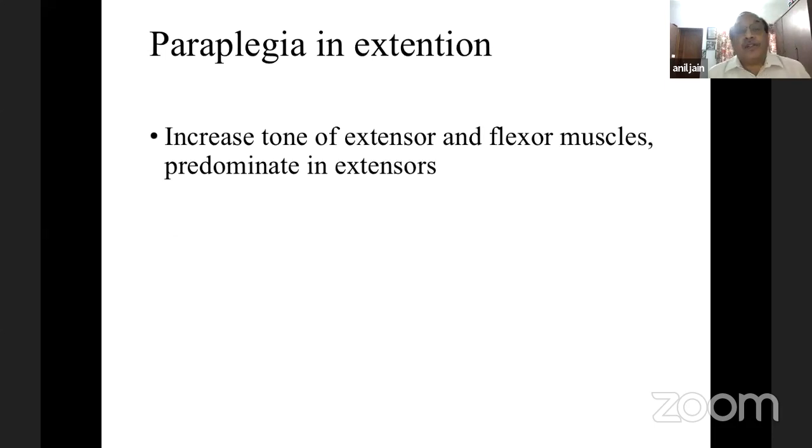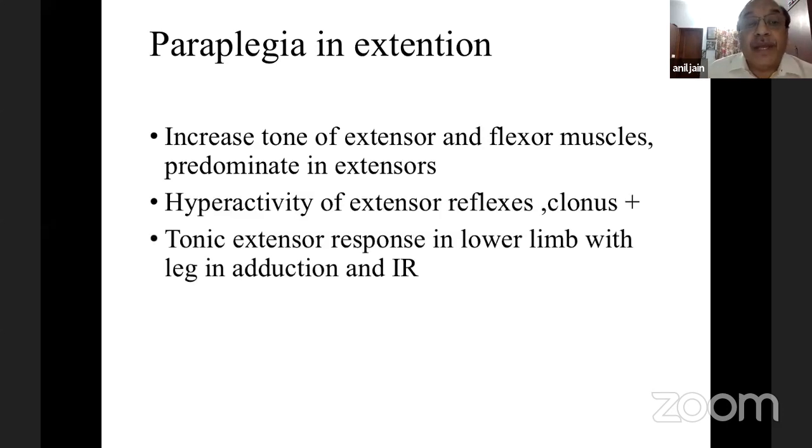Now, again, these three terms are frequently asked in the examination: paraplegia in extension, flexor spasm, and paraplegia in flexion. Paraplegia in extension is an increased tone of extensor and flexor muscles, but the extensor muscle predominates, and hence the limb remains in extension.